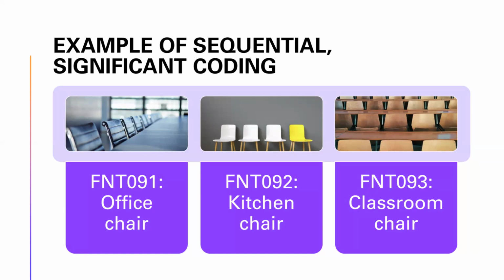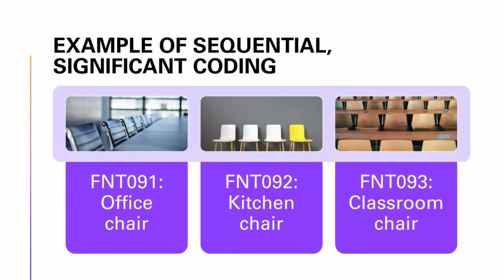Other items, maybe the beds or the wardrobe, could be FNT2, FNT3, etc. So with a code like this, I can organize my items in a very structured and systematic way.